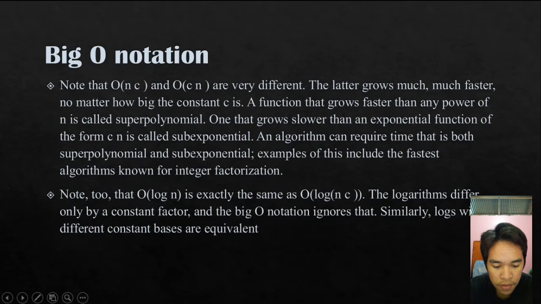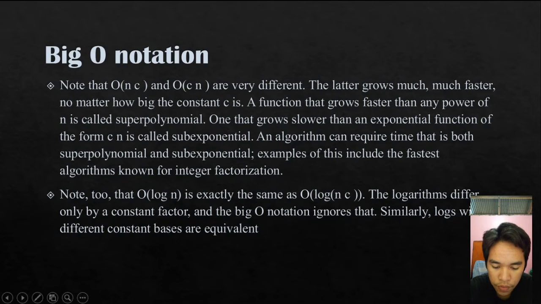A function that grows faster than any power of n is called superpolynomial. One that grows slower than an exponential function of the form c^n is called subexponential. An algorithm can require time that is both superpolynomial and subexponential. Examples of this include the fastest algorithms known for integer factorization.